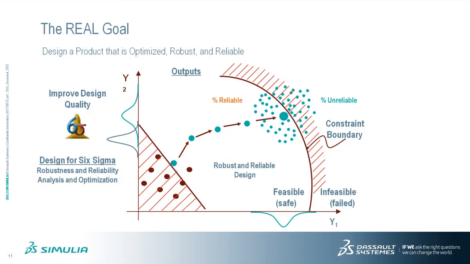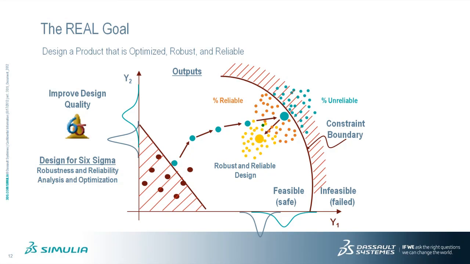There's always variability in the real world. So what we're going to do is perform an optimization where we can actually optimize, including that variability, and come up with a design that's just inside of that constraint boundary, so all of our products as produced, including all the variability, is reliable.